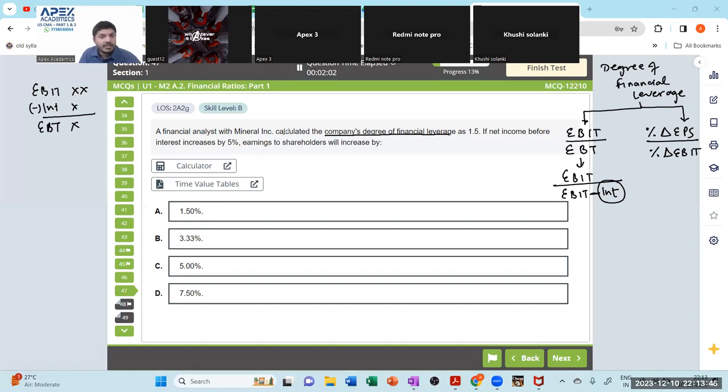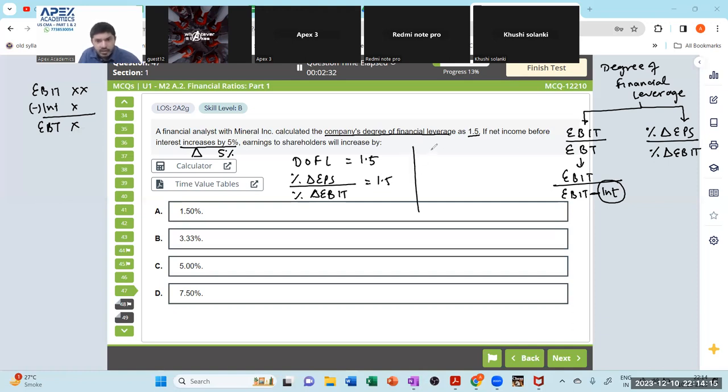They are saying that a financial analyst calculated the company's degree of financial leverage as 1.5. If net income before interest increases by 5, increases means delta is 5%. So degree of financial leverage is equal to percentage delta earning per share upon percentage delta EBIT, which is equal to 1.5.